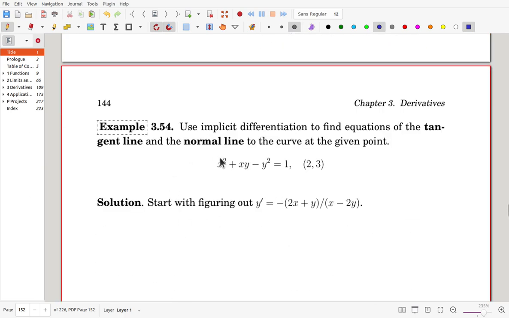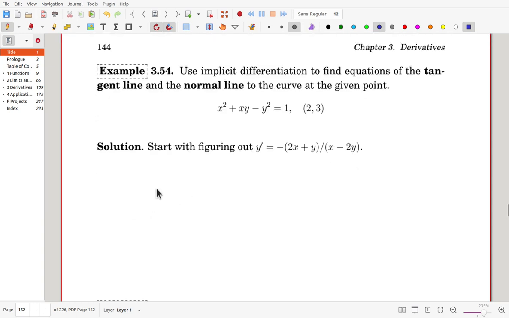Okay. Use implicit differentiation to find the equations of the tangent line and the normal line to the curve at the given point. Okay, so a point is given. Now we have to find the slope.